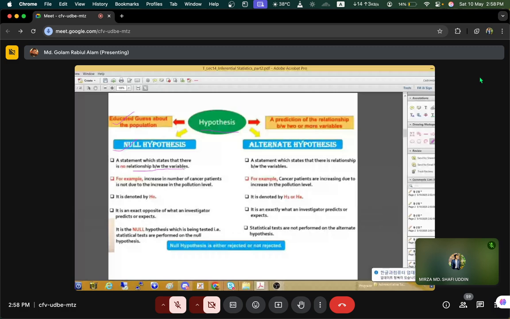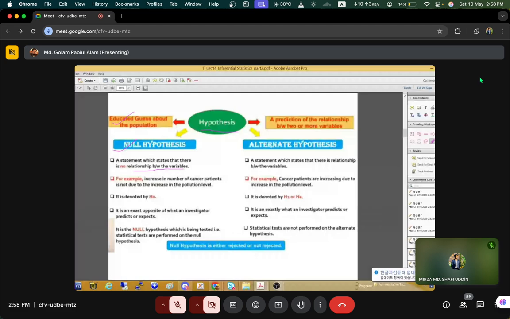That means the population level may increase, but it doesn't mean that cancer patients also increase. But if we make a statement that cancer patients increased due to the increase in population level, then we have to prove it. That is our assumption, and we have to place this assumption in the alternate hypothesis.